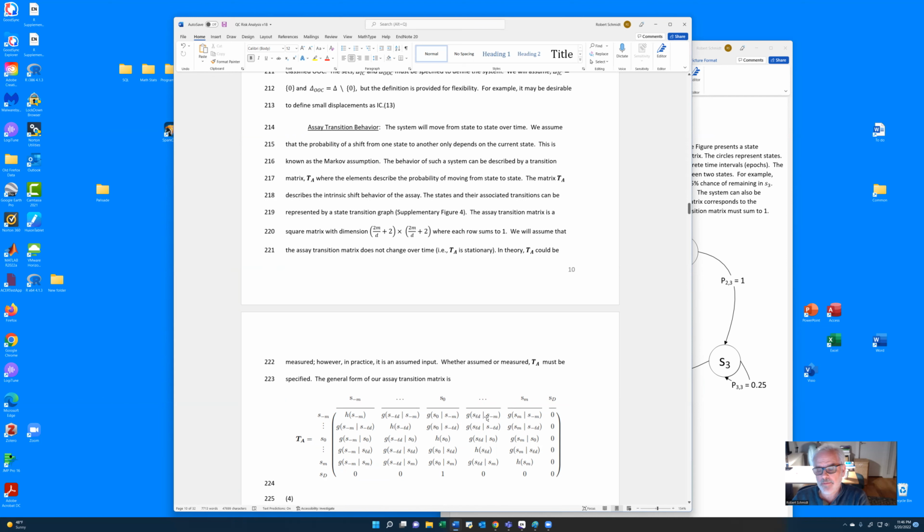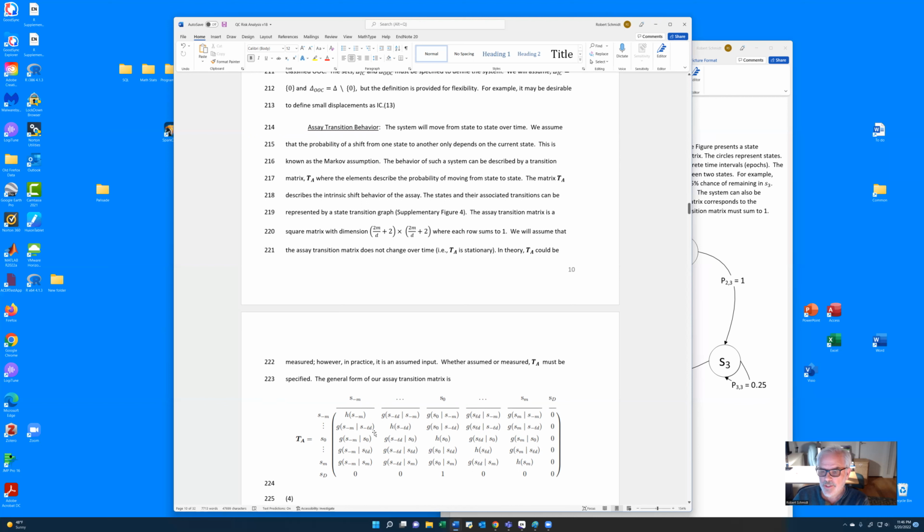So this matrix can be quite large. And in fact, when we solve our sample problems, it's, I think, 120 by 120. And it also has the detected state over here.